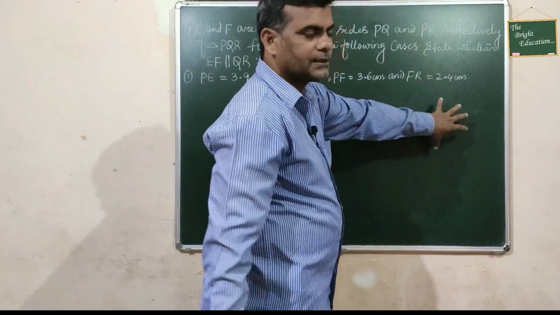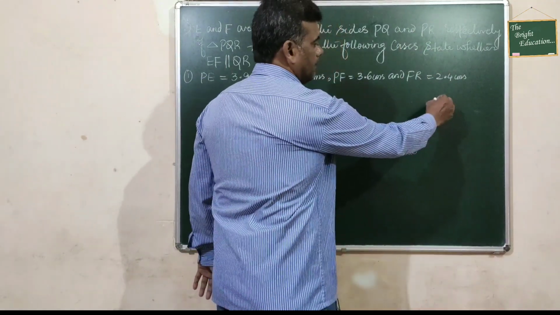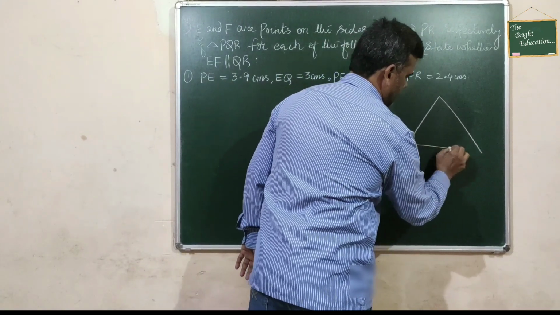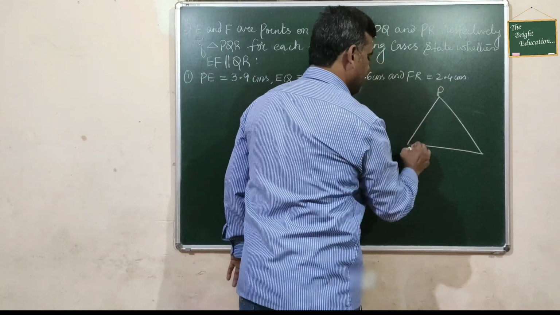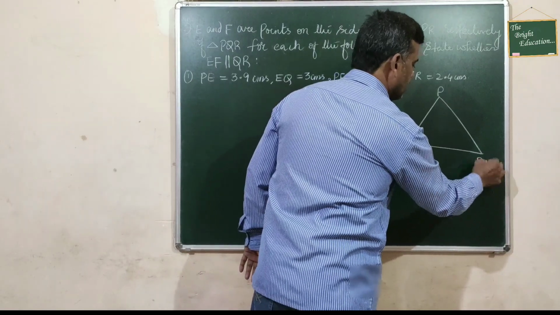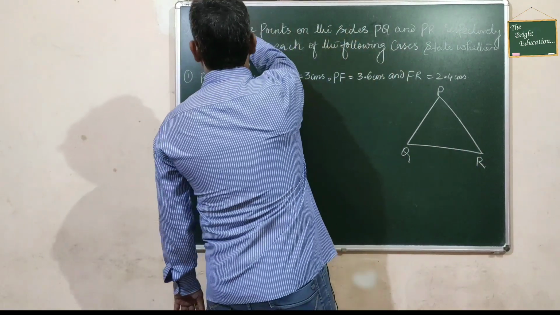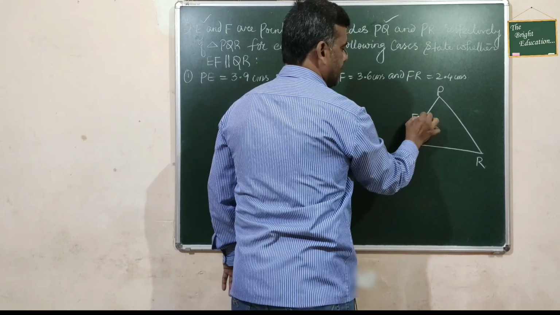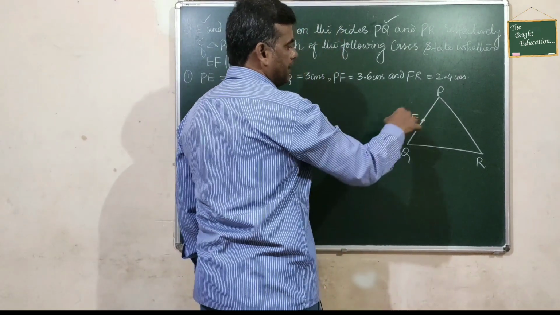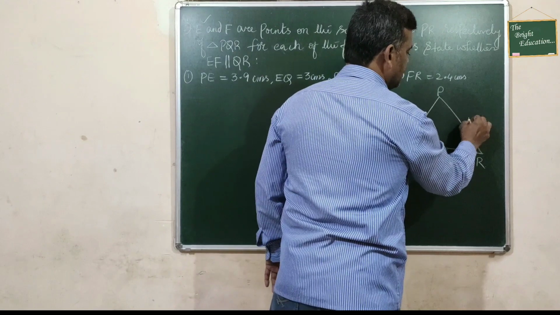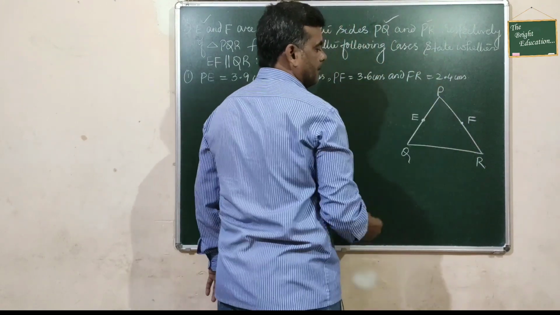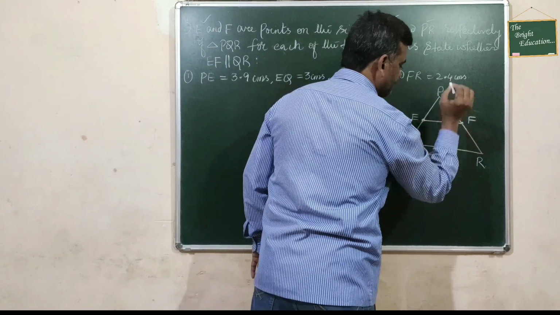So let me draw the triangle first. Let's draw a triangle PQR. E is a point on PQ. Let me take a point E on PQ and another point F on PR, and I will join them.